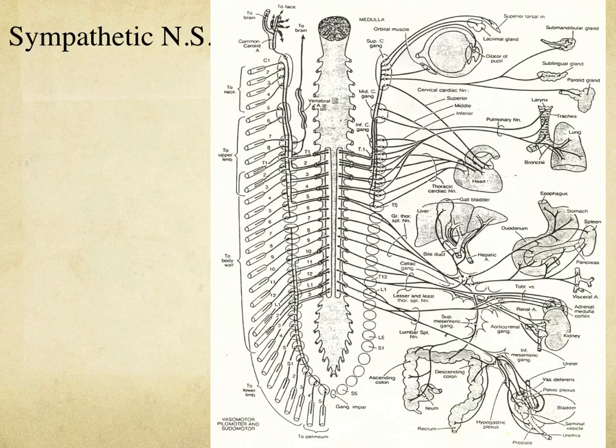In the eye, this is going to cause an increase of lacrimal secretions as well as dilatation of the pupil. In the larynx and within the trachea and the bronchi, this is going to cause dilatation. In the heart, it's going to increase the rate of depolarization and the force of contraction. Most everywhere else, it's going to reduce functionality.